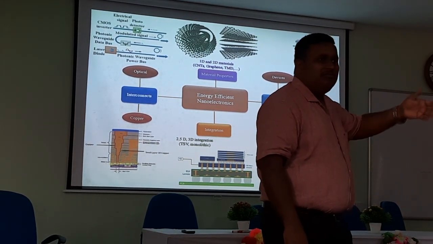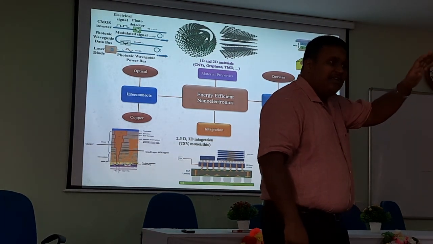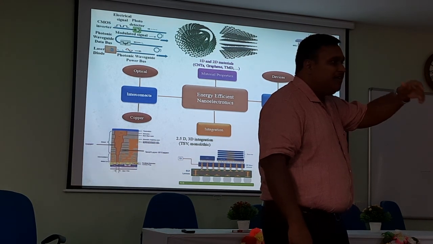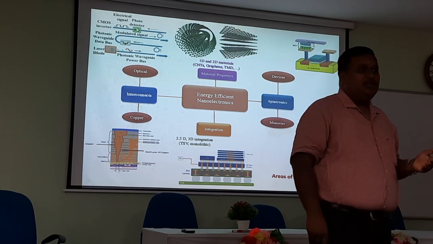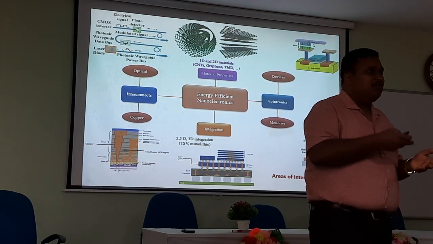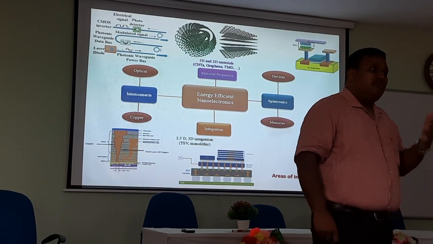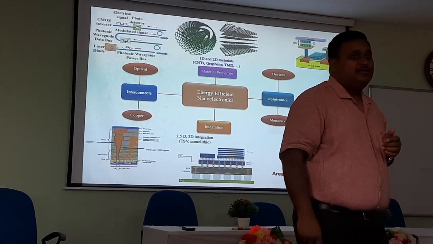The MTJ is hanging over your transistor. So size-wise it is lesser than DRAM. So you can increase the density by several times in comparison to your DRAM. Industry got convinced, yes, this is something wonderful. Right? When it comes to performance, it is far better than your DRAM.